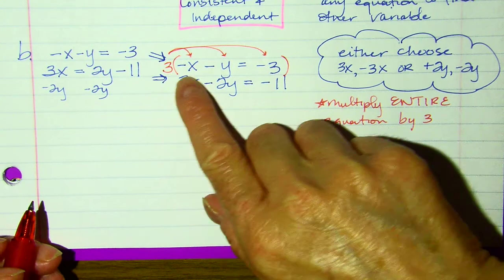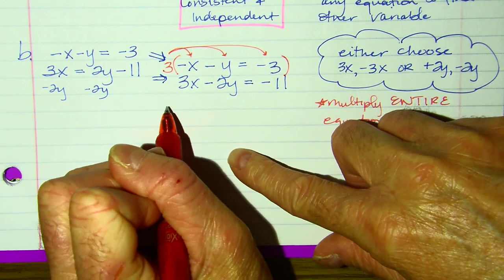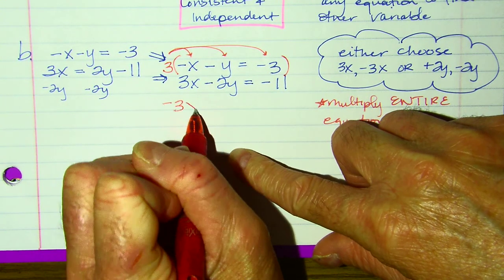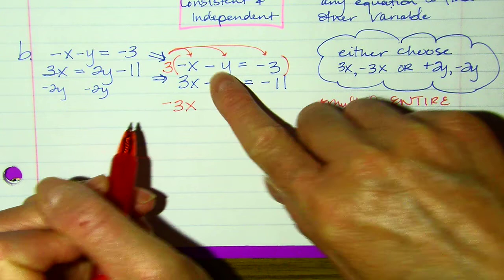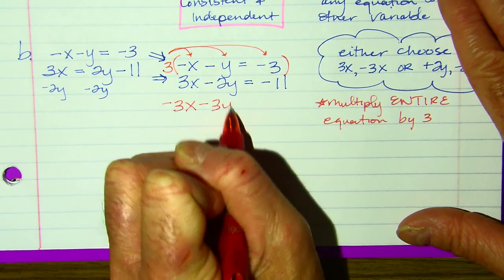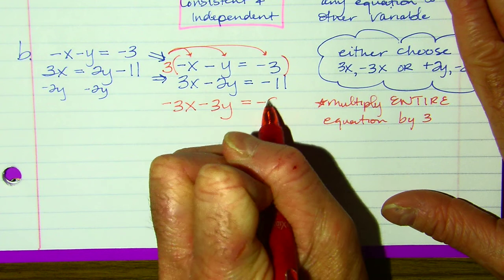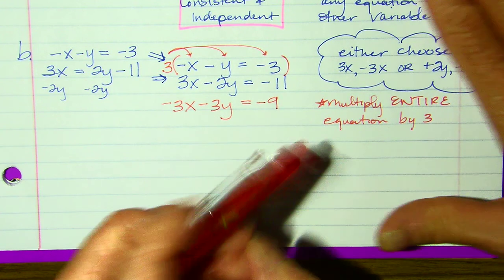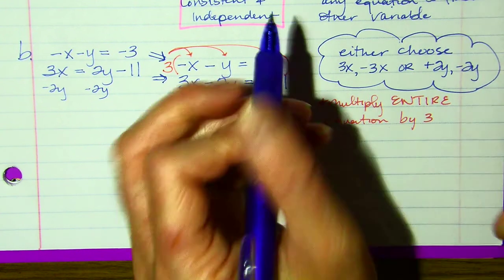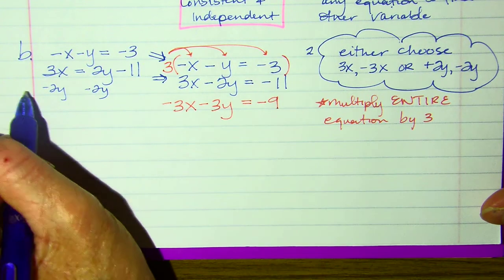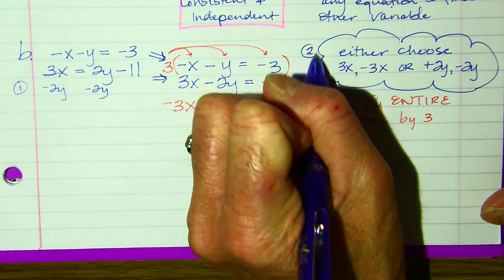So 3 times negative x is negative 3x. 3 times negative y is negative 3y. 3 times negative 3 equals negative 9. Now, that was part of step 2. I did step 1 over here. Here was step 2.